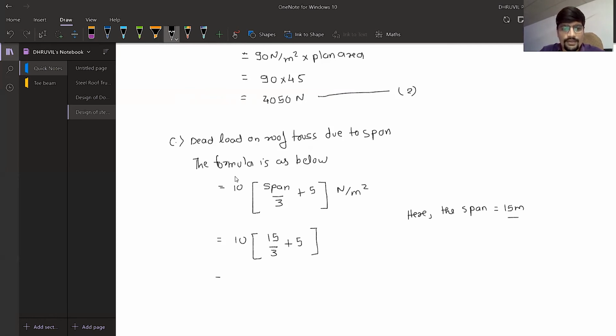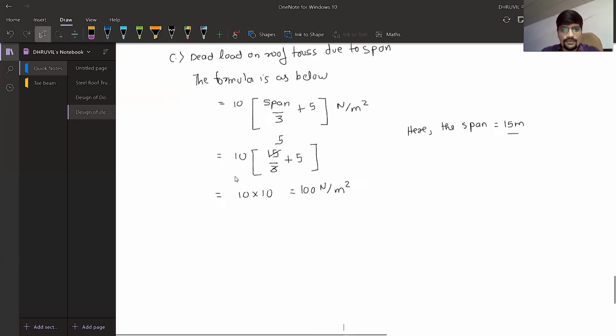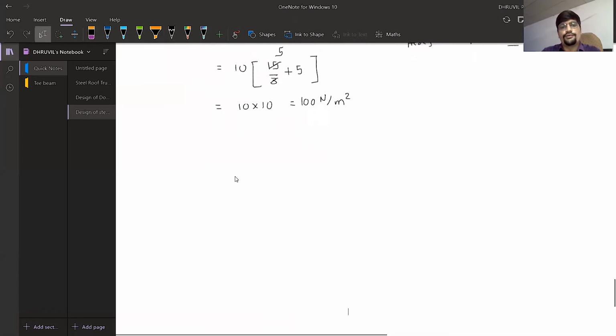The value will be 3 5s are 15, so 5 plus 5 is 10. So 10 into 10 becomes 100 Newton per meter square. Please forgive me for my handwriting. I will make it clearer by practicing day by day. So 100 Newton per meter square.